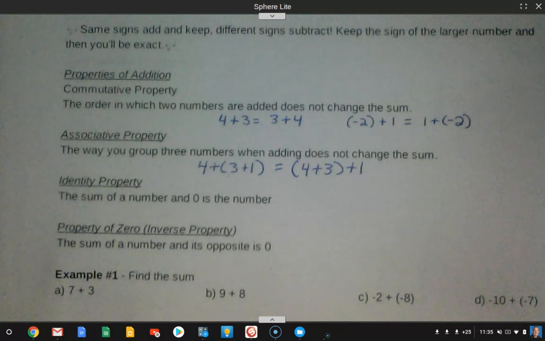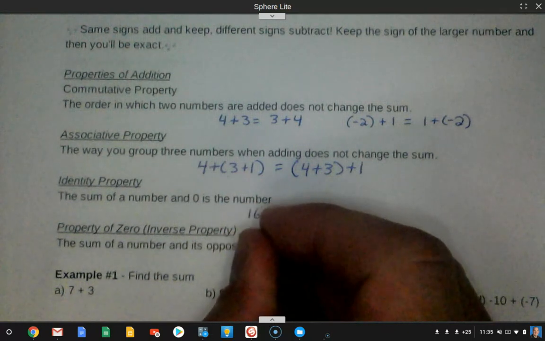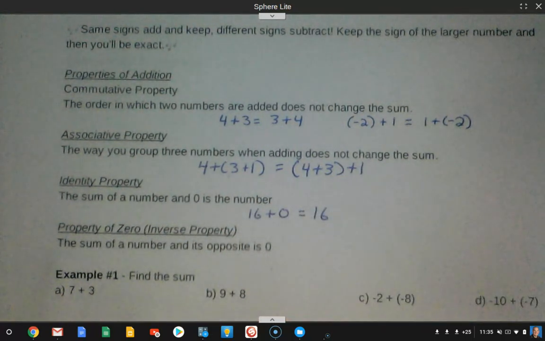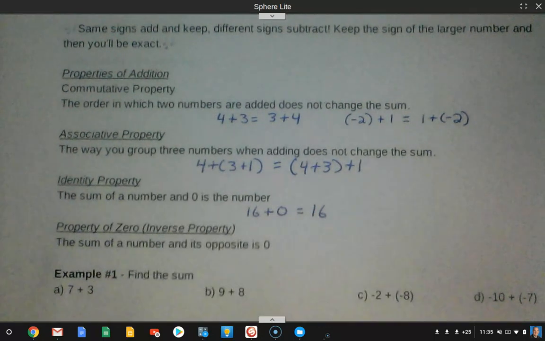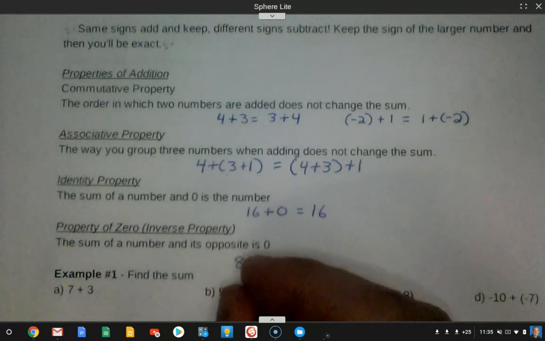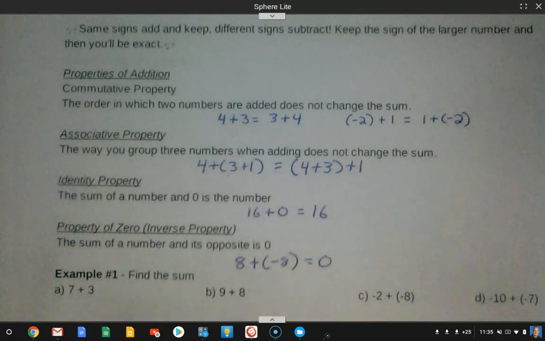The identity property: the sum of a number and 0 is that number. So if I have 16 and I add 0 to it, I still have 16. The property of 0: the sum of a number and its opposite is 0. So 8 plus negative 8 equals 0.